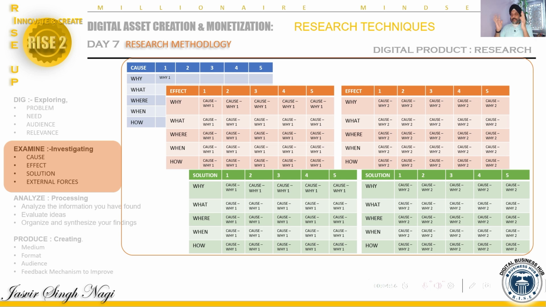Once your data comes into play, what you need to do from there is start putting it into an effective format, which gives you the outcome in a very structured form. The one thing you realize is the external forces. Similar to this template, you create an external forces template. What were the external forces that have caused these things?